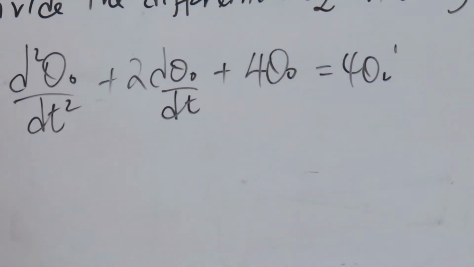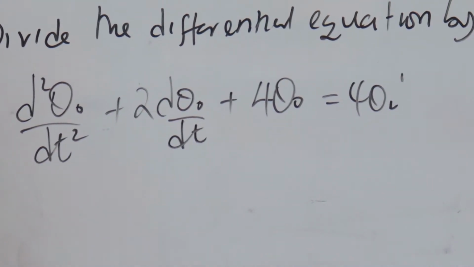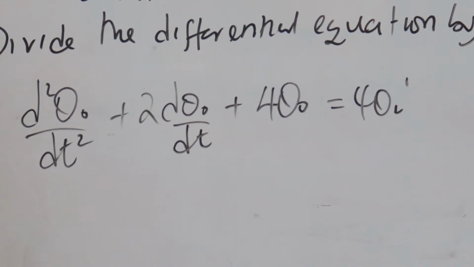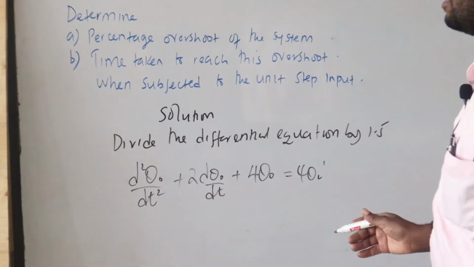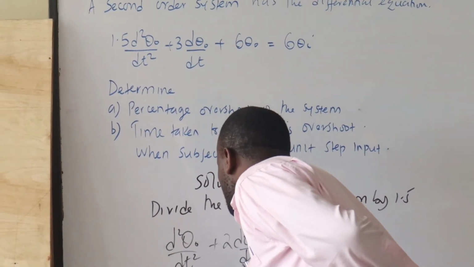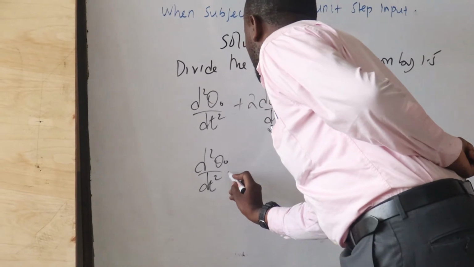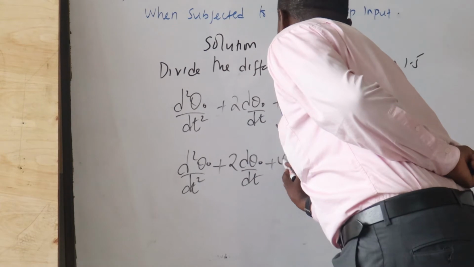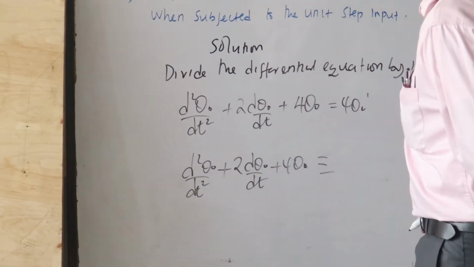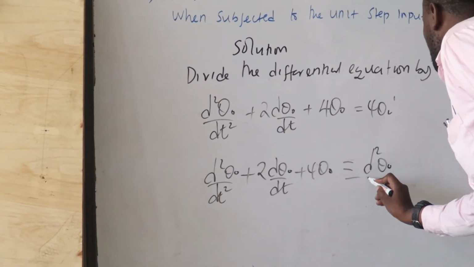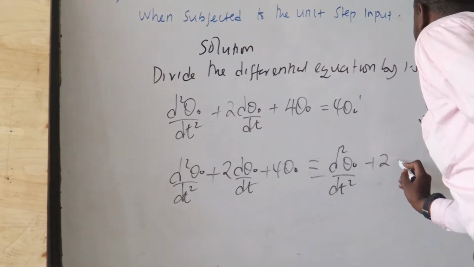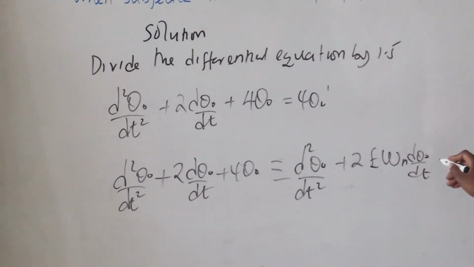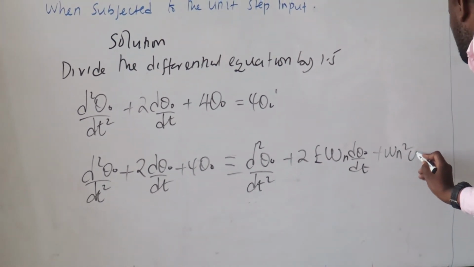Then we are supposed to look at it and compare it with the standard differential equation. We can compare only the left hand side. So d squared theta naught all over dt squared plus 2 d theta naught all over dt plus 4 theta naught should be equivalent to d squared theta naught all over dt squared plus 2 zeta omega n d theta naught all over dt plus omega n squared theta naught.